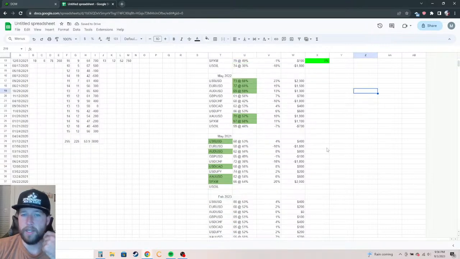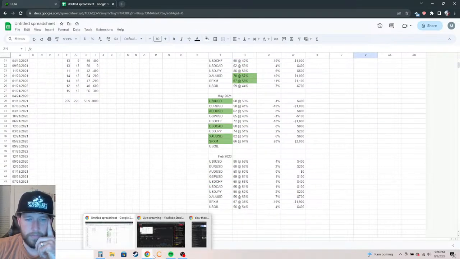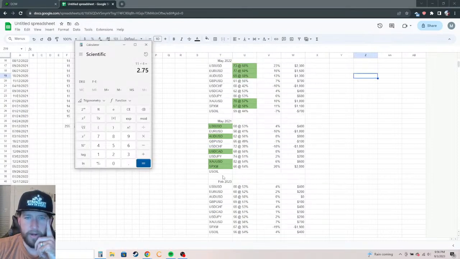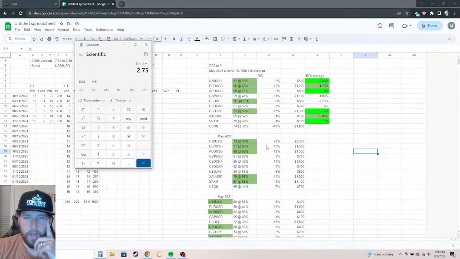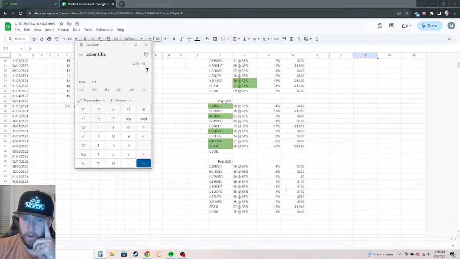All right, let's go back and look at oil. Calculator. So negative 18 minus 7. Wasn't able to get data on that one, and then plus 4.